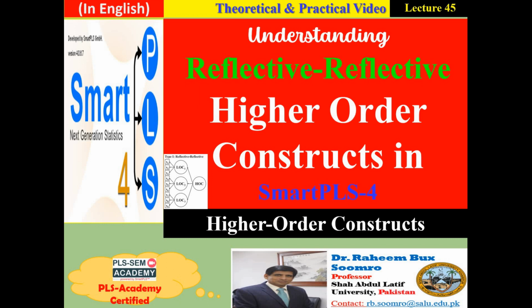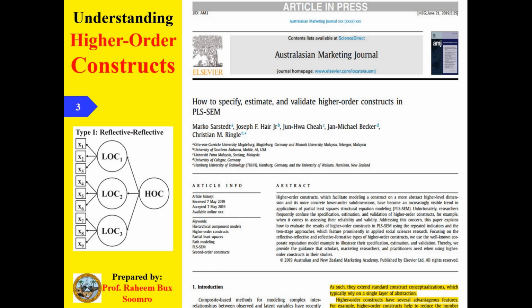My name is Dr. Rahim Sumuru, and I'm working as a professor at HTMT University, Pakistan. Here is a wonderful paper which I strongly recommend you go through, because whatever videos I have prepared on higher-order constructs, I have mainly referred to this research paper.